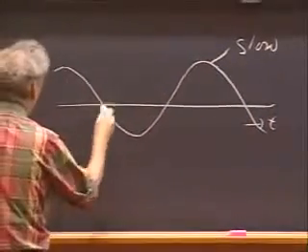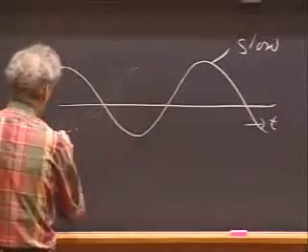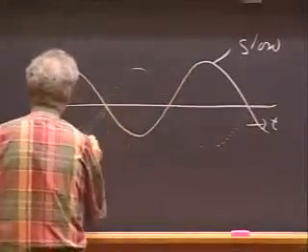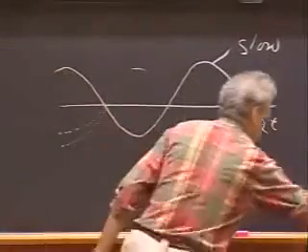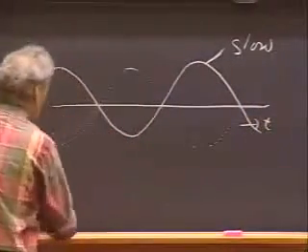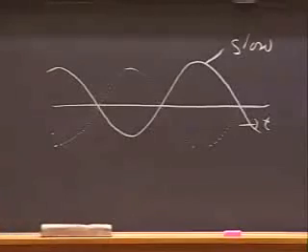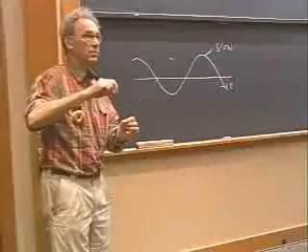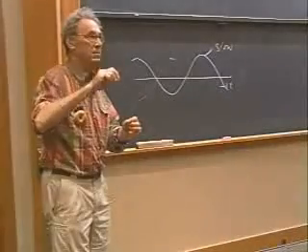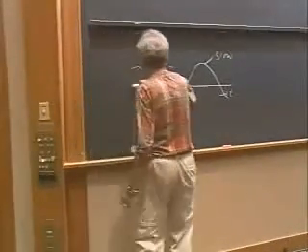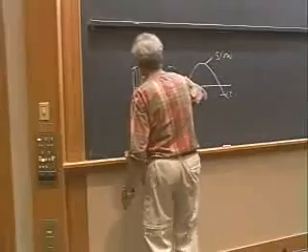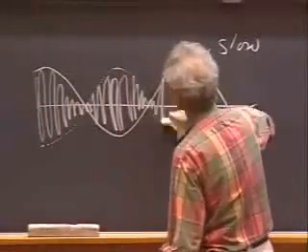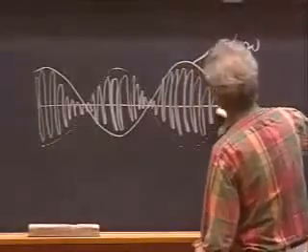And I will make also a dotted line here to guide my hand when I'm going to make the plot. So what you're going to see now is that the fast term goes like this, and the slow one goes like this. And the net result is this. This is the fast one.